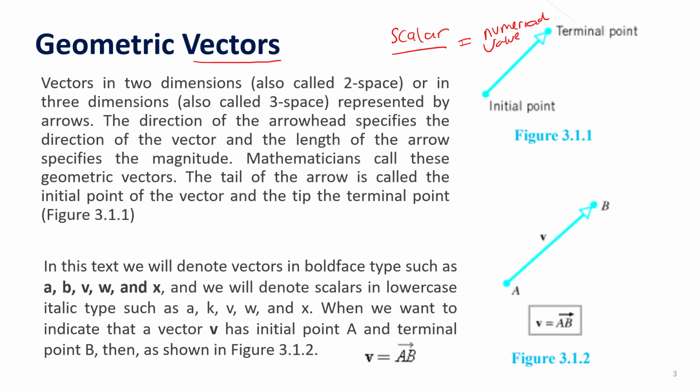However, for some concepts, it is also beneficial if we can represent it not only in terms of its numerical value, but also the direction of that value. So a vector is a concept that can be used to represent both the magnitude, or the scalar value of something, and at the same time the direction of where this value is going.